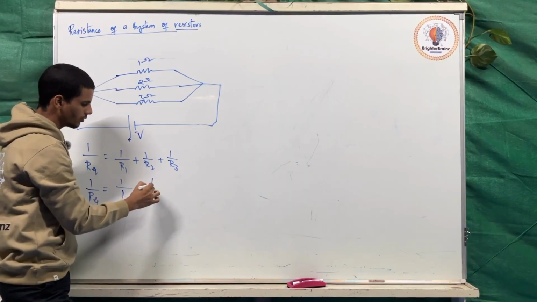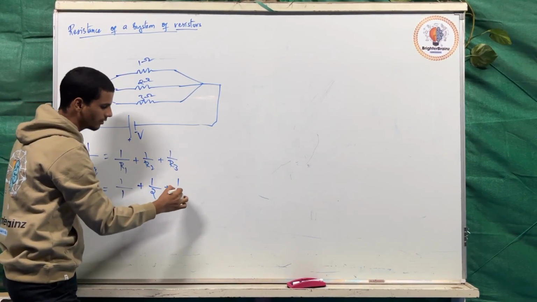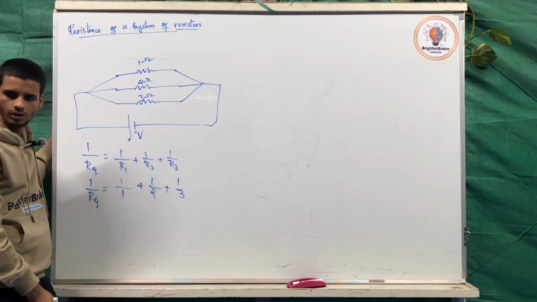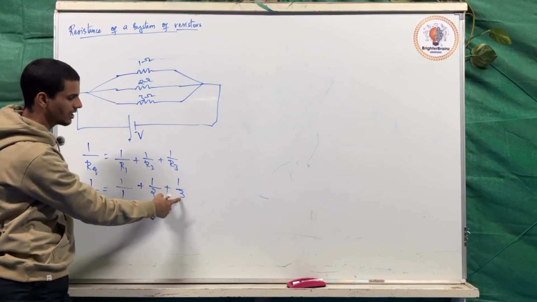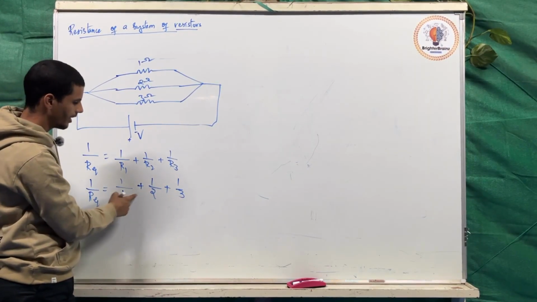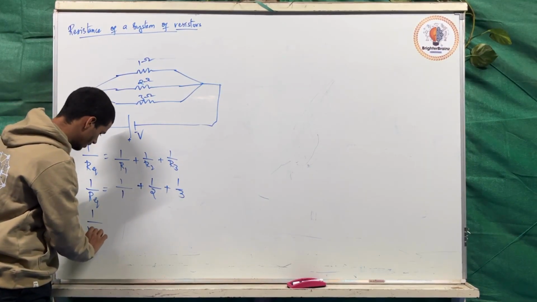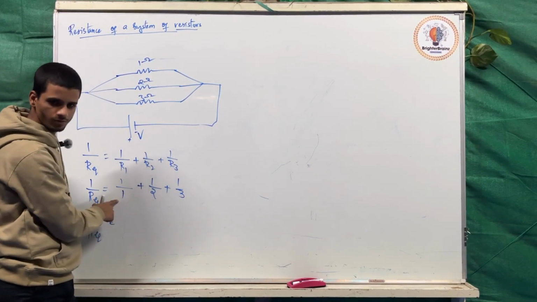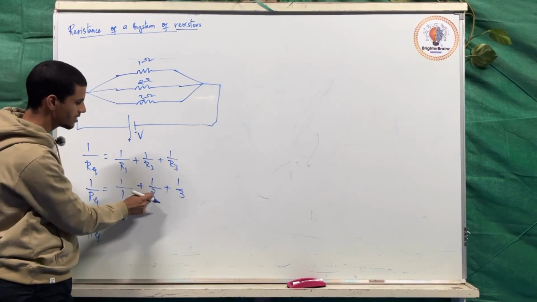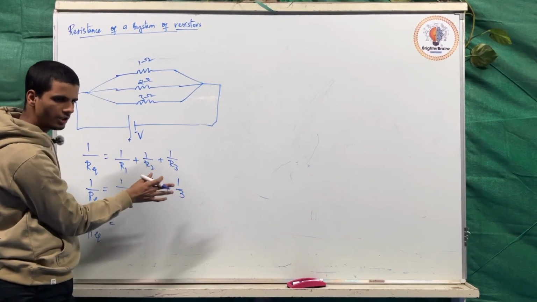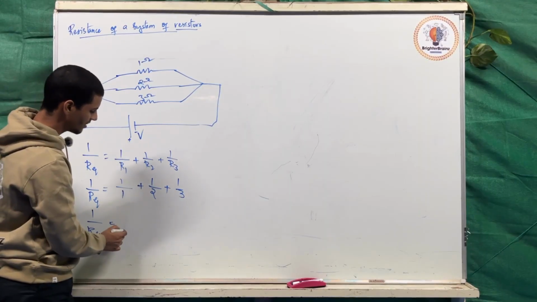R2 value is 2. R3 value is 3. Now take the LCM of these 3 numbers, or else if you want to avoid LCM, first solve any two of them. First let us take an LCM.